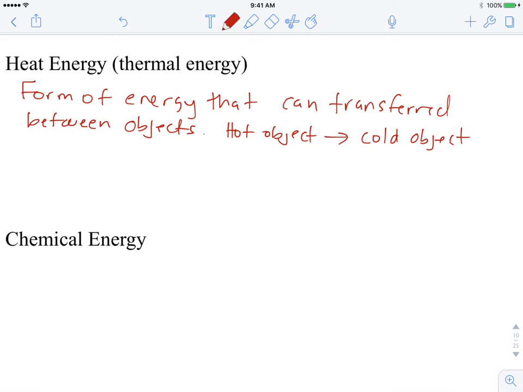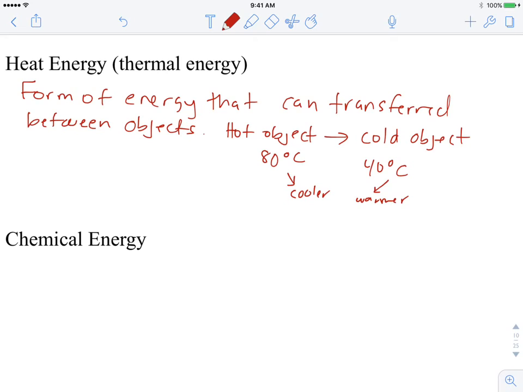So if I have an object that's at 80 degrees Celsius and I place it in contact with an object that is 40 degrees Celsius, there's going to be a heat transfer. And so this one is going to get cooler and this one is going to get warmer.